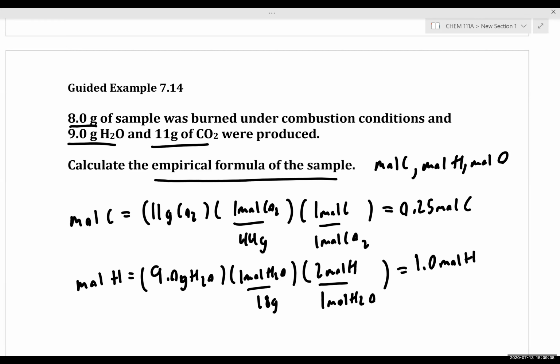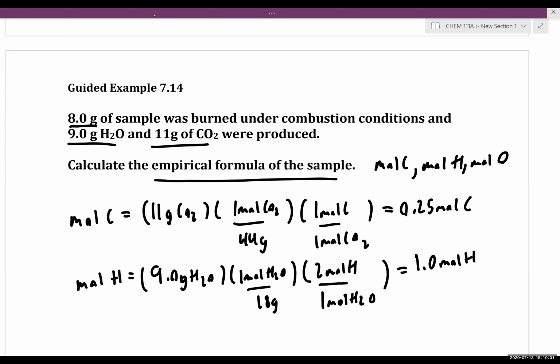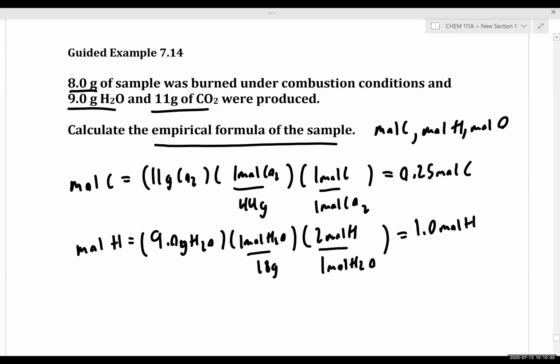What element do we have to check for in our sample? We have carbon, we have hydrogen. What do we have to check for as well? Oxygen, yes. So this is really important now.